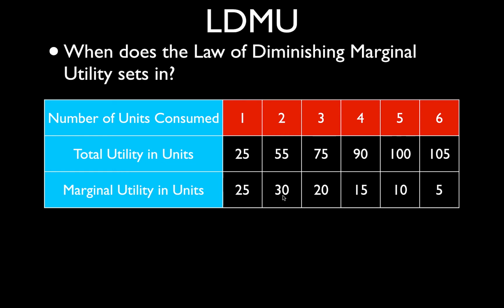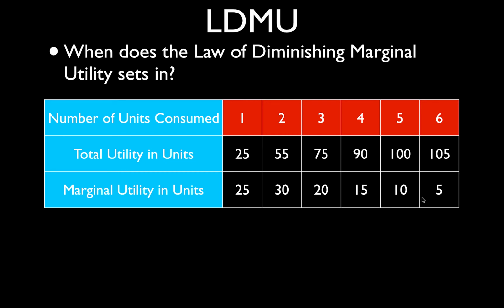Now, it just so happens in this case that I was so hungry the second one even made me happier than the first. But after the second, yes, I got a positive increase in happiness, as shown by my total happiness here, but it had diminished from the previous one. So the marginal utility of the third Big Mac was less than the second, and we can see that the marginal utility is going down, down, down.